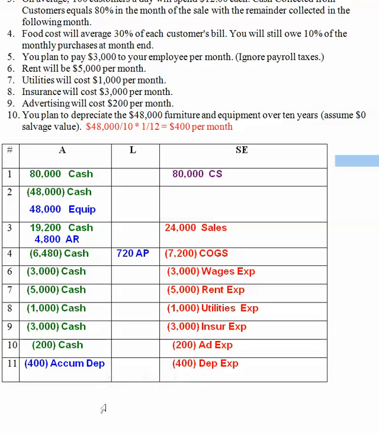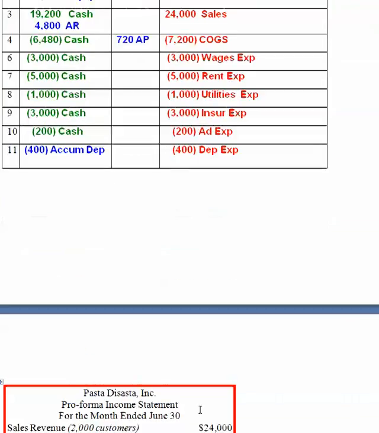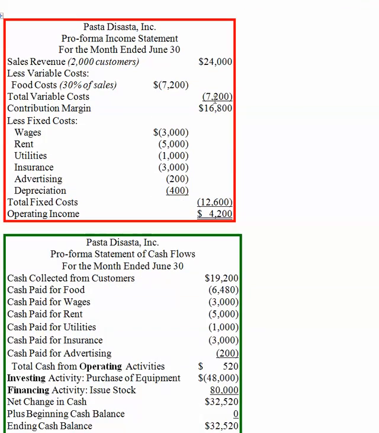Now I'm going to just jump ahead and show you what the end result is, and I'm going to point out a couple things. Because this is for managerial purposes and not financial reporting, we're going to take this income statement and present it by splitting up our costs between variable and fixed, like we've done in a previous module.